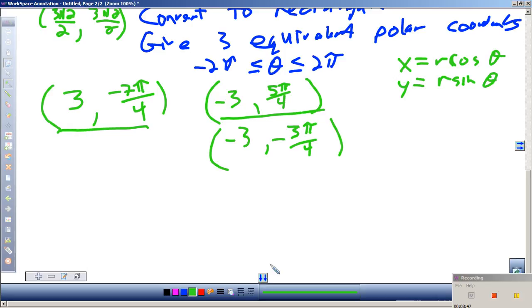So 9.2, what was it about? This is where we were doing some polar graphs.